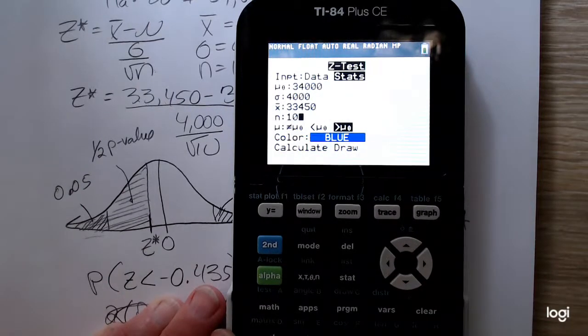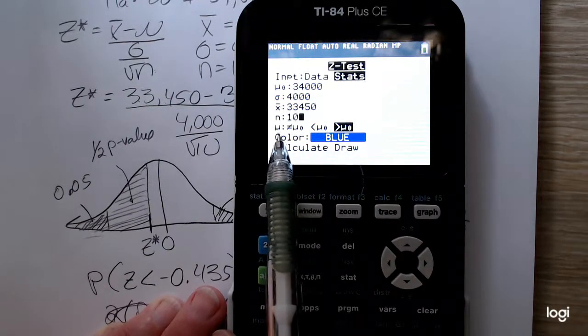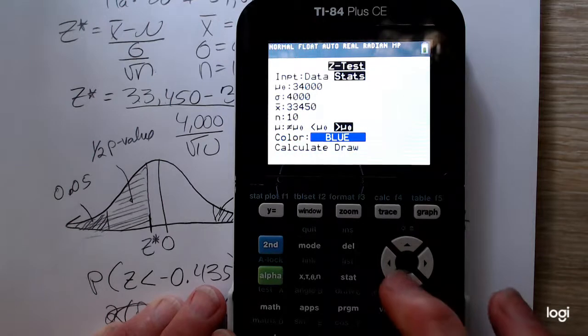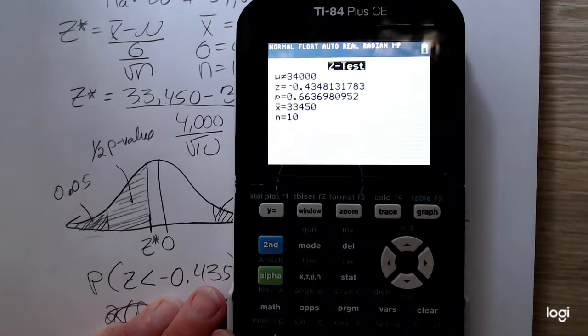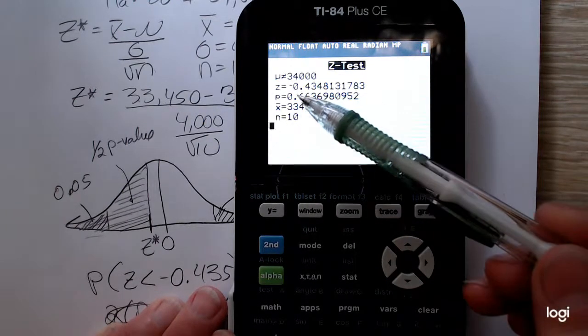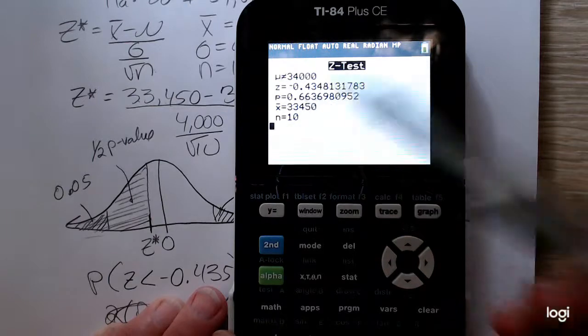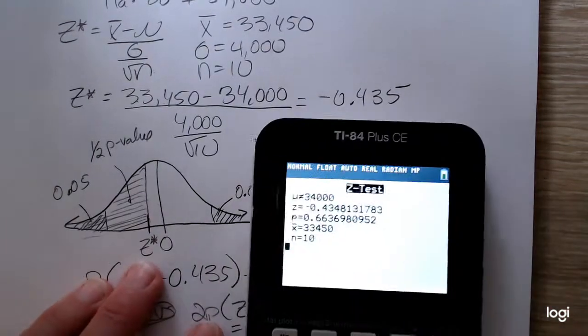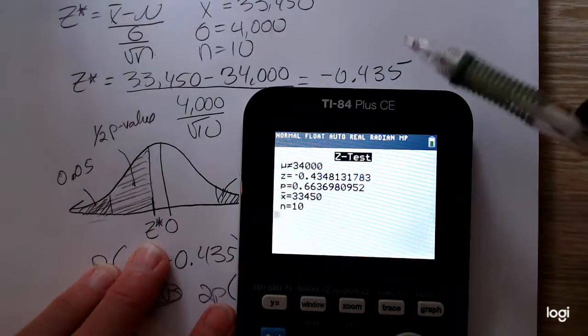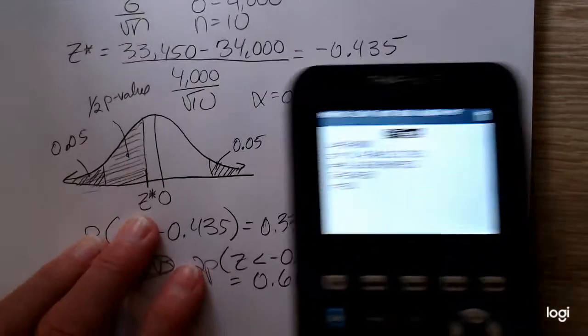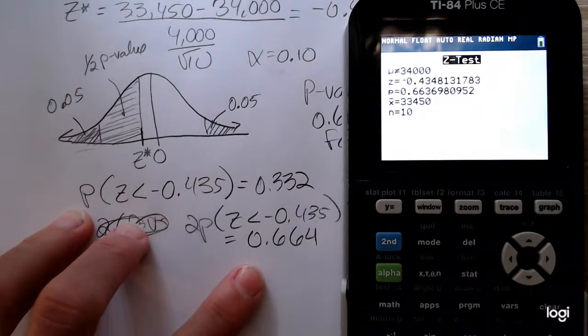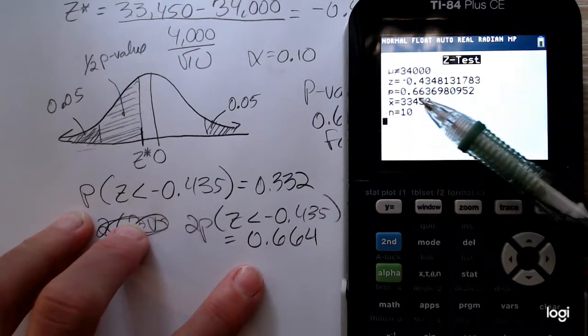Sample size was 10. And you need to make sure you select the correct alternative, otherwise you won't get the right p-value. And we'll see from the output the standardized test statistic is about the same. It is the same when we round to 3 decimal places. And the p-value, rounding to 3 decimal places, is also the same.